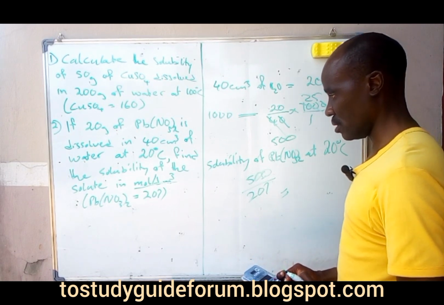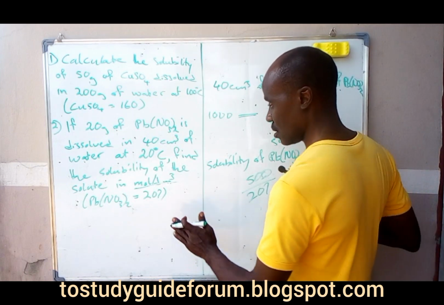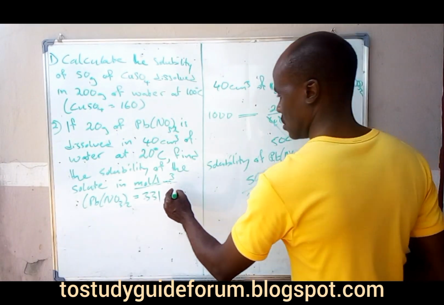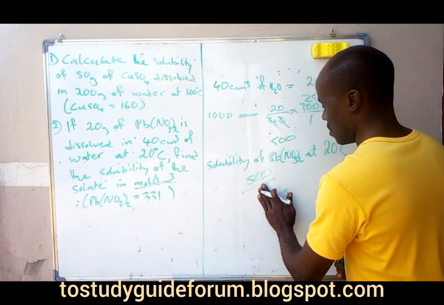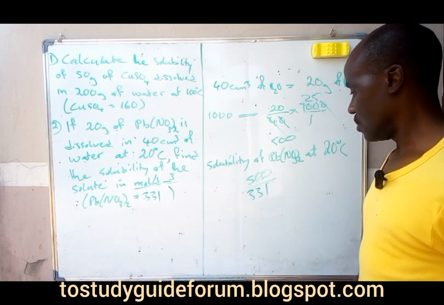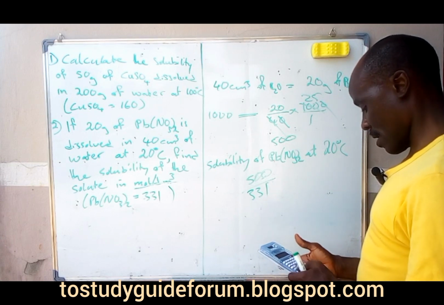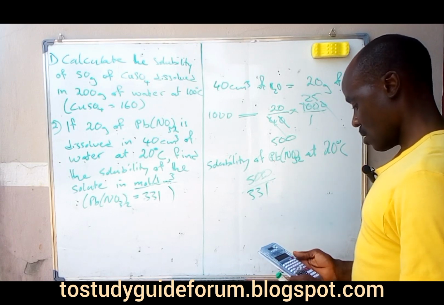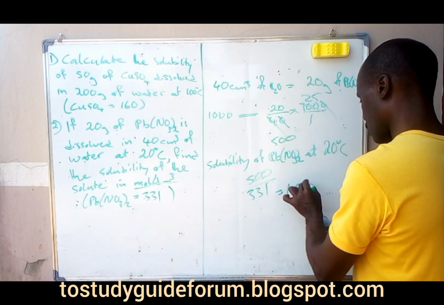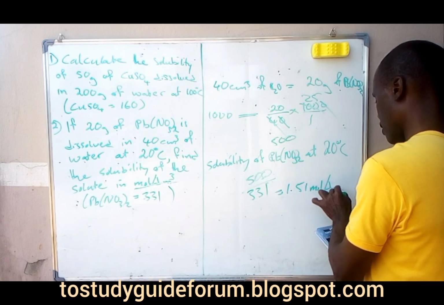Is that what it's supposed to be? No, this is not right. There's a mistake there. This should be 331. I'm sorry about that. That will give us 500 divided by 331, which is equal to 1.5 mole per dm cube.